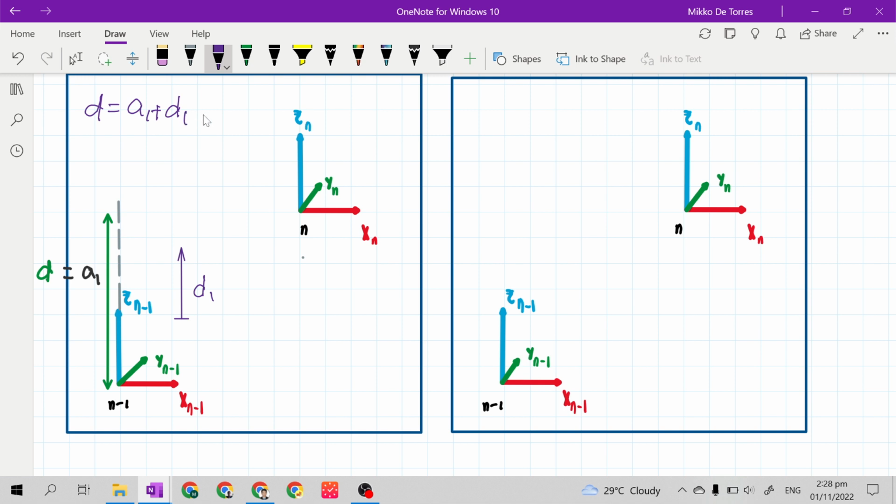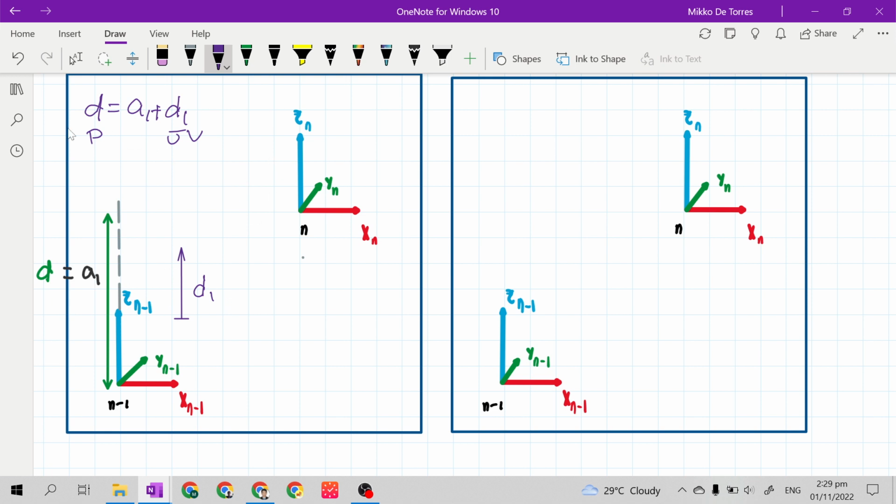Just like joint variable theta and parameter theta, joint variable d1 is different from the parameter d. They are different. This is a joint variable. This is a parameter. So don't be confused.